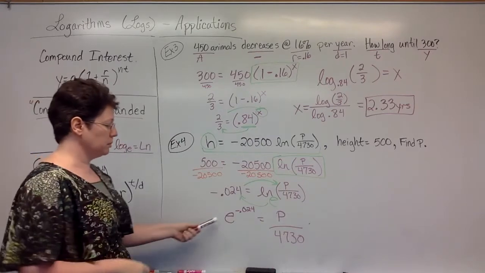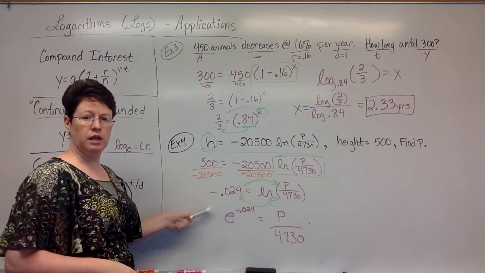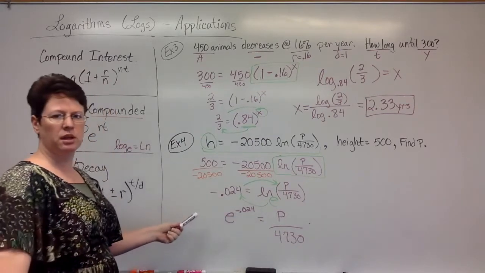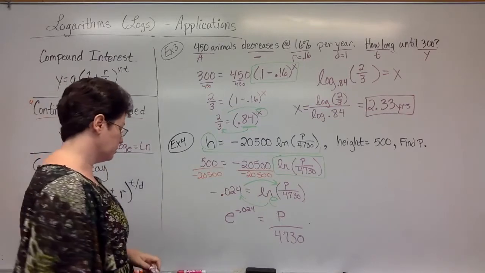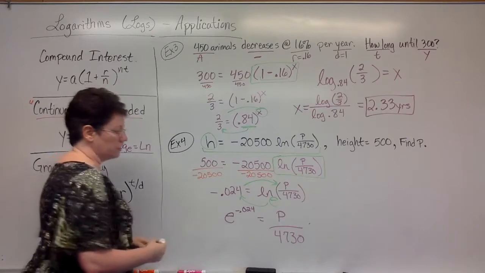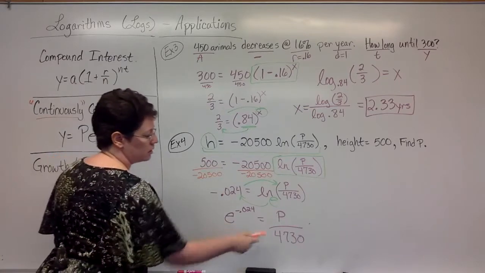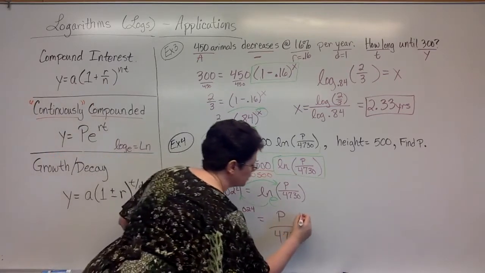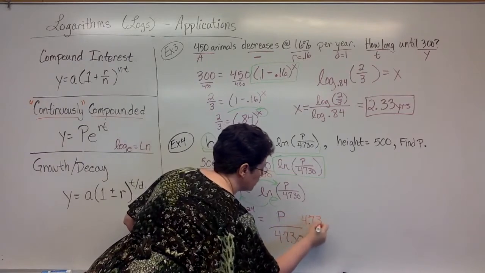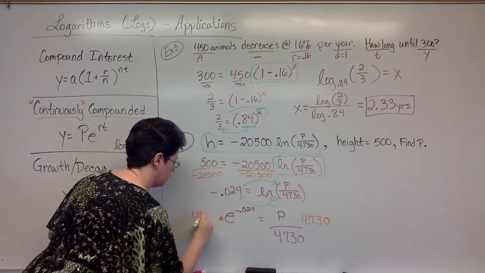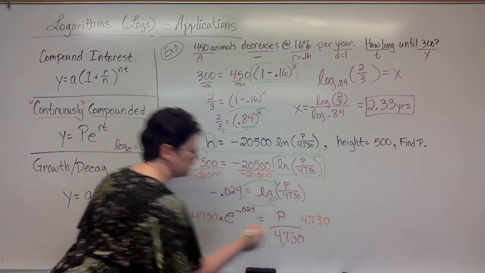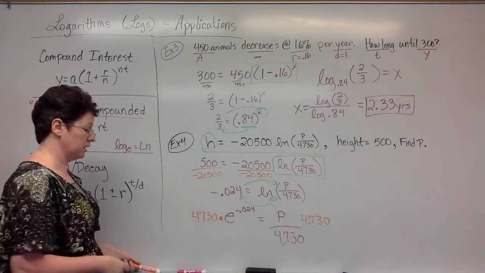Yeah, we're going to end up multiplying. You know this is a number, right? The E to the power, we just plug it in the calculator. We got a button for E. So we're going to multiply by that 4,730 on both sides. So it cancels over here, so I get P by myself.